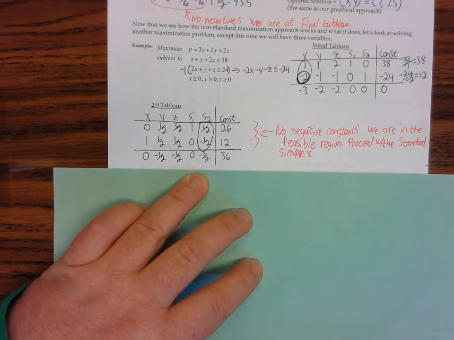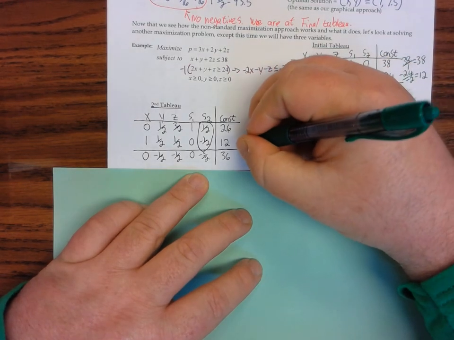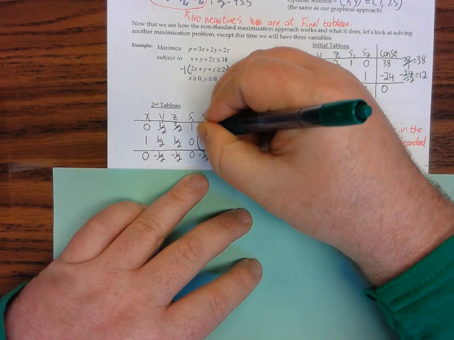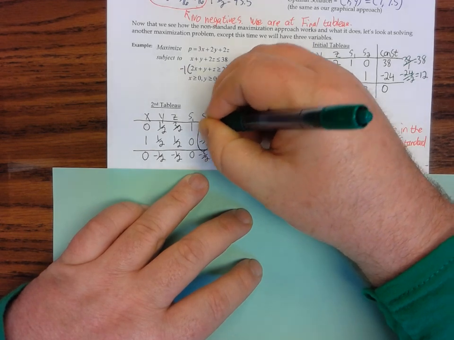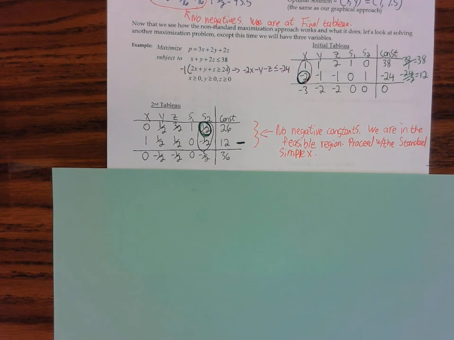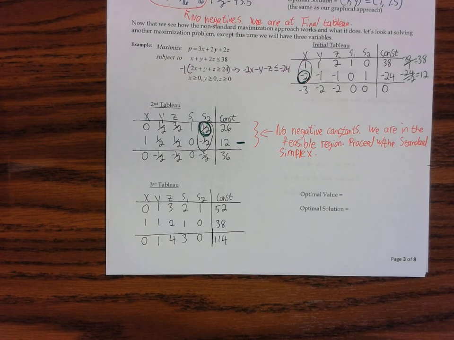We'll do our ratio test, but keeping in mind, since we are standard simplex, we're not going to pivot on a negative entry. So we really don't even need a ratio test. We only have one possible entry to pivot on, the entry in row 1, column 5. So we'll pivot on the entry in row 1, column 5, and get the resulting tableau we see here at the bottom.